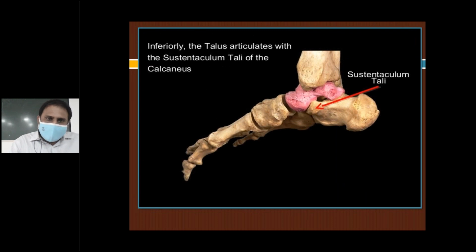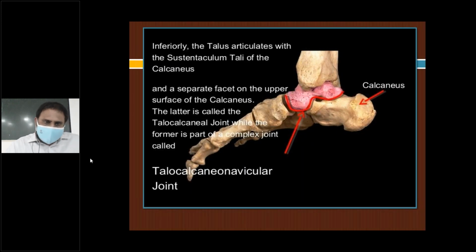Inferiorly, the talus articulates with the sustentaculum tali of the calcaneus. It is separated by facets from the upper surface of the calcaneus.